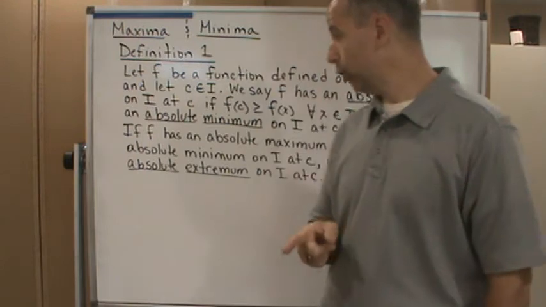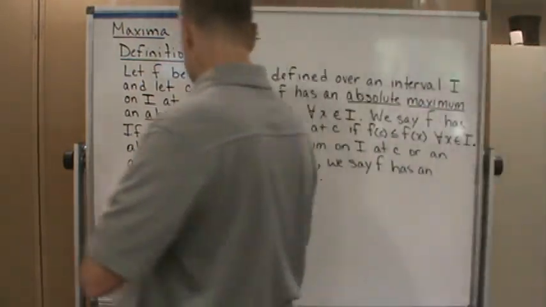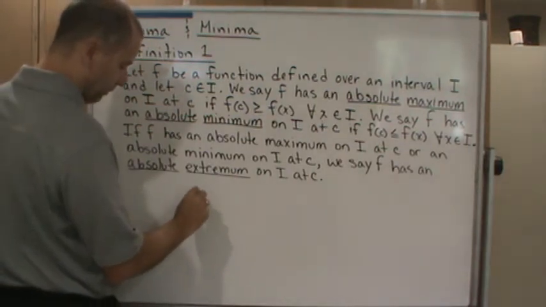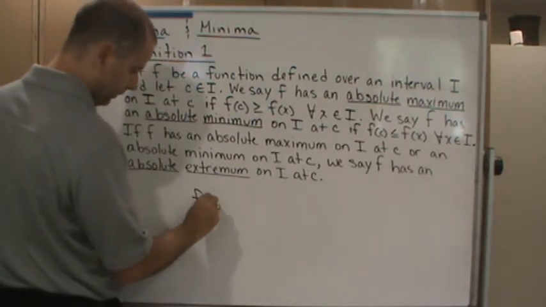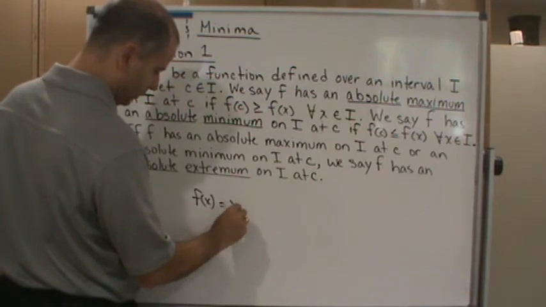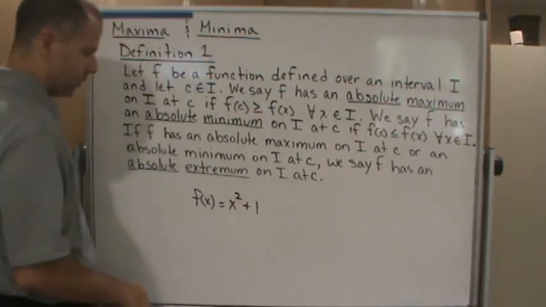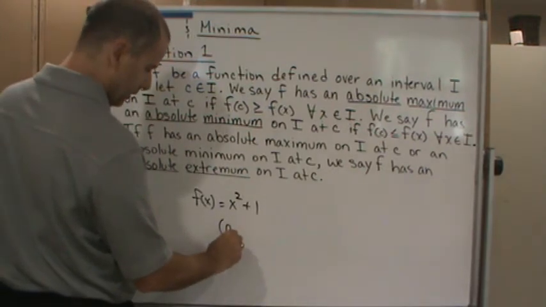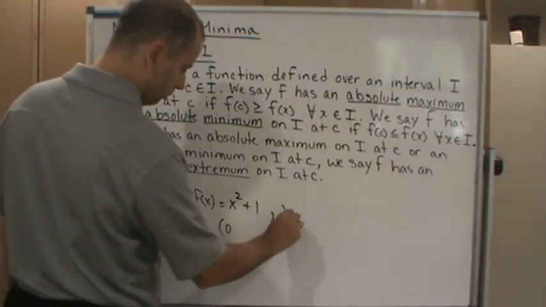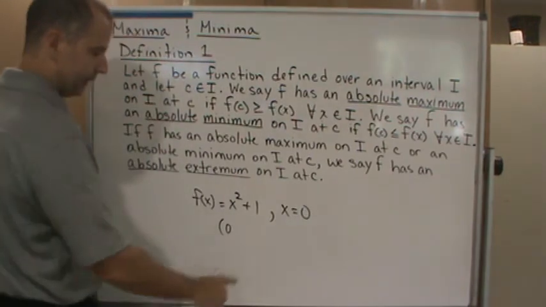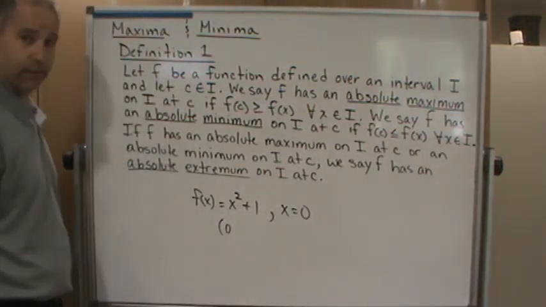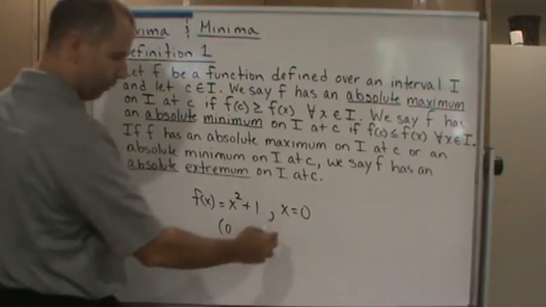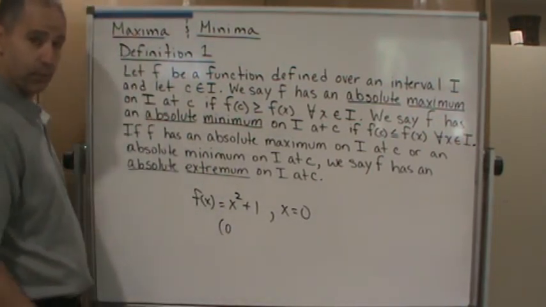Okay, so for example, in the case of the function f of x equals x squared plus 1, this has an extreme minimum at x equals 0, right? But this is not the extreme value. That's not the absolute minimum. You would not write this down as the absolute minimum, right?